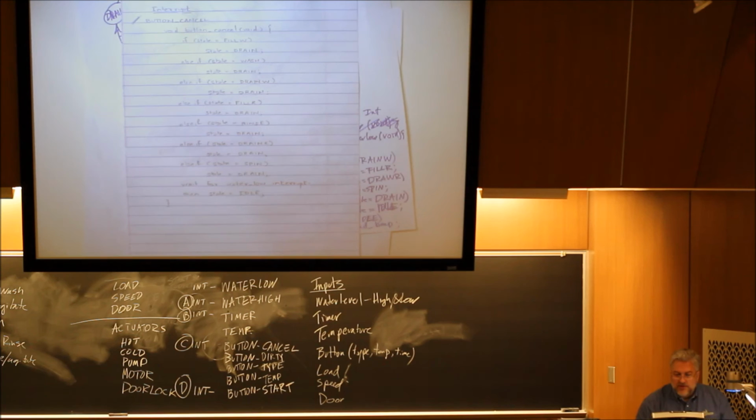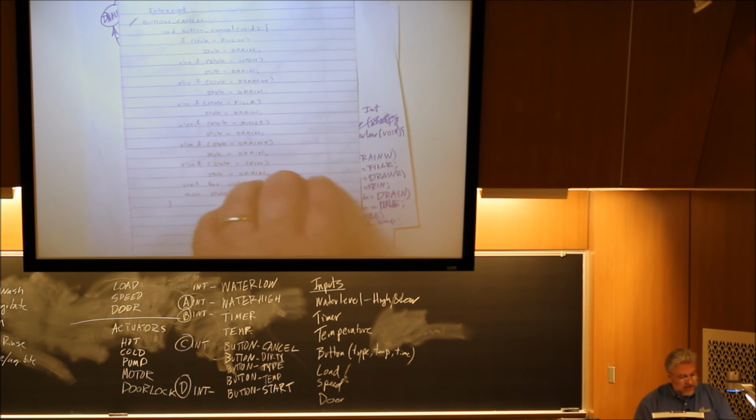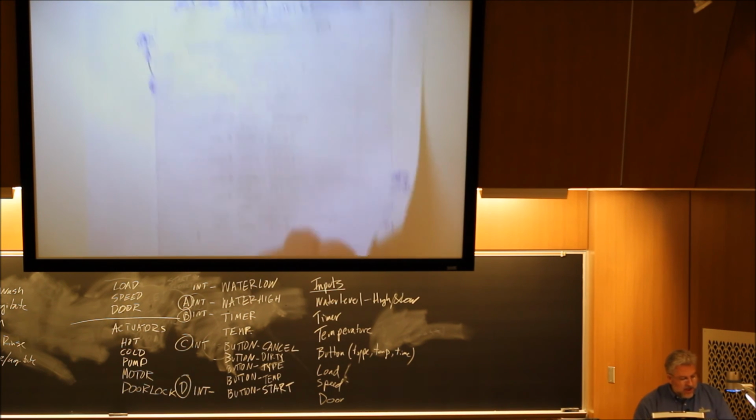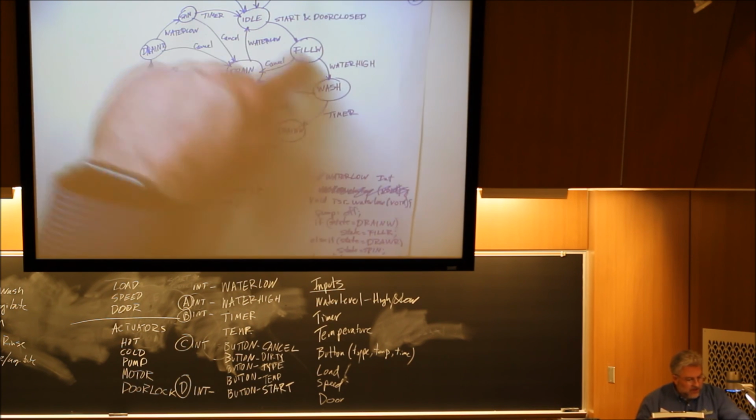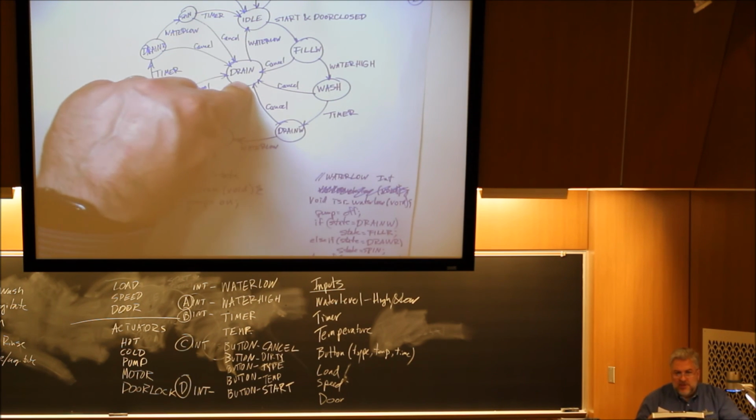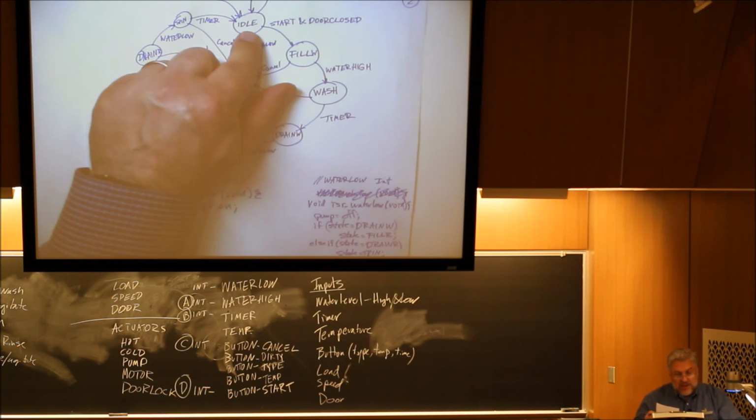Did they really need to do all this? No? Are you sure? Do you care where you came from with cancel? At every instance, in fact, if you again look at the chart, every instance of cancel always goes to drain, doesn't matter where it came from. In fact, you could be in idle.